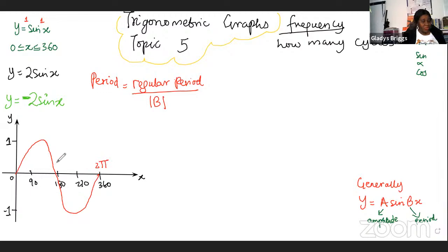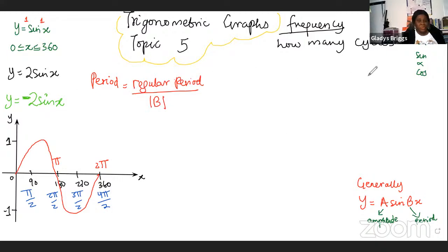This is 1 pi and this is 2 pi. Some people say pi over 2, 2 pi over 2, 3 pi over 2, and 4 pi over 2. So the period is equal to the regular period over b.